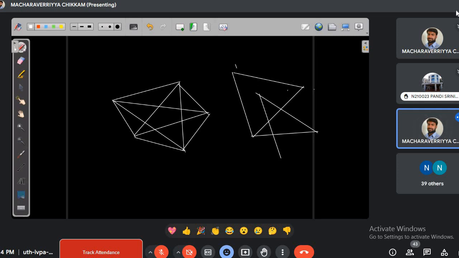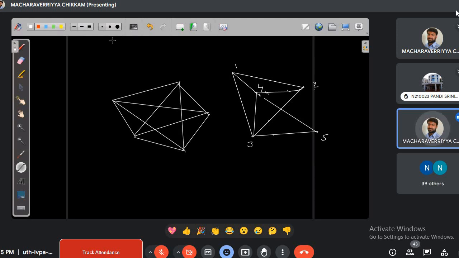One, two, three, four, five. Do you connect this to here? Something like this. So how about these two graphs? Every time finding a bijective function is not so easy.